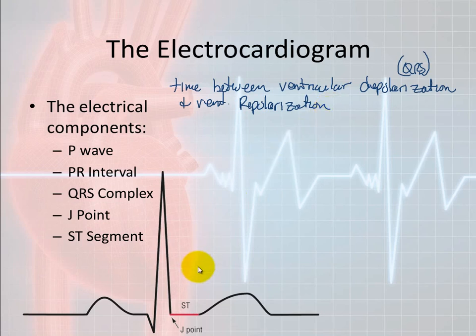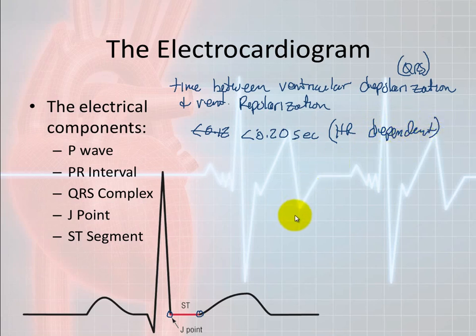It starts down here at the J point and terminates at the onset of the T wave itself. Normally it is approximately less than 0.12, I'm sorry, that's a mistake. It is less than 0.20 second, but it's also heart rate dependent. Which means faster heart rates are going to shorten the ST segment. Slower heart rates are going to draw out the ST segment.